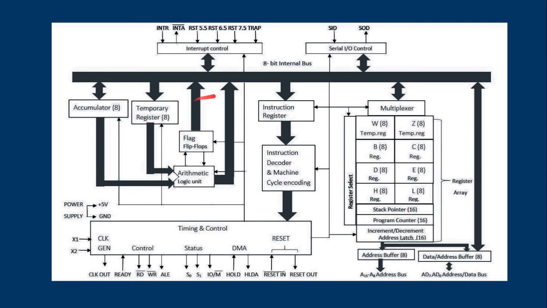You can see the flow here: this is the 8-bit internal bus, which carries the data between the internal bus and the buffers. All these dark lines show the flow of control, how the data comes in and how the data goes out.